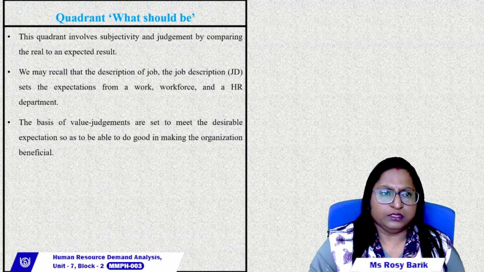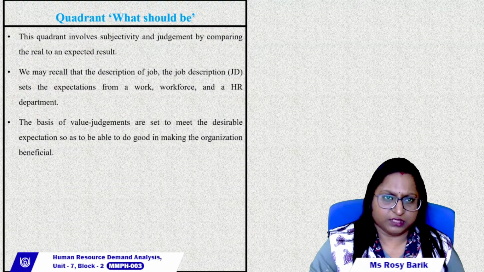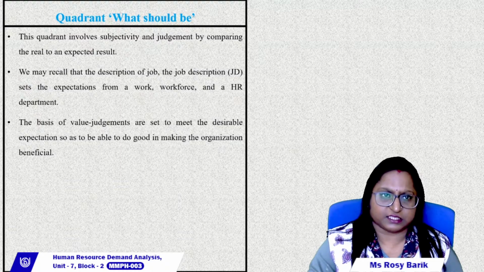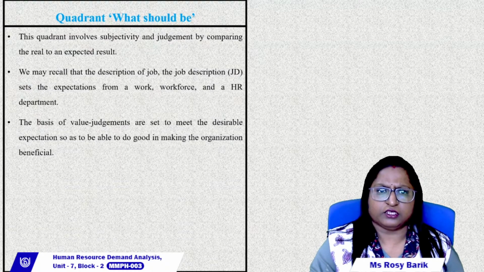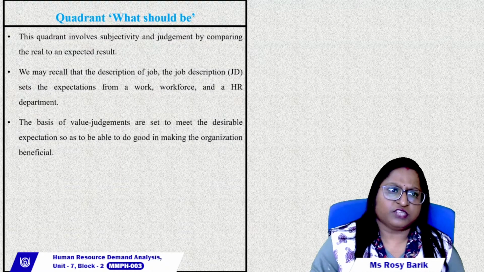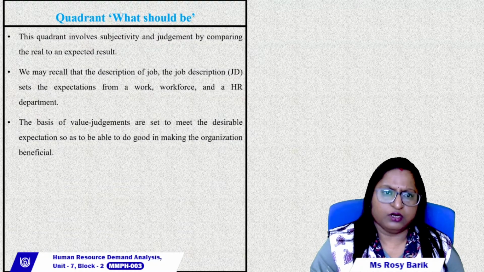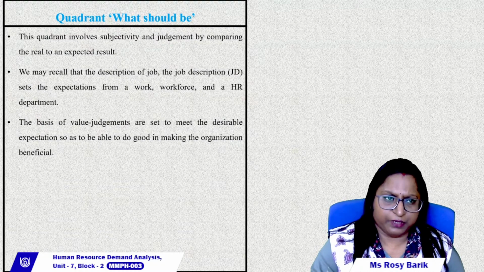We may recall that the description of a job and the job description are different things. It is a set of expectations from the workforce and the HR department.